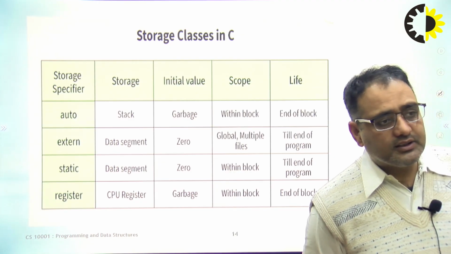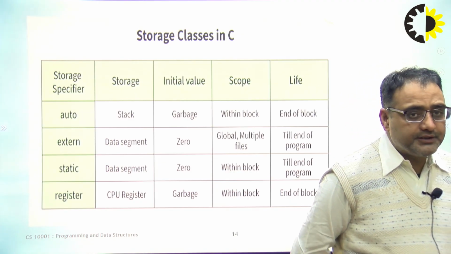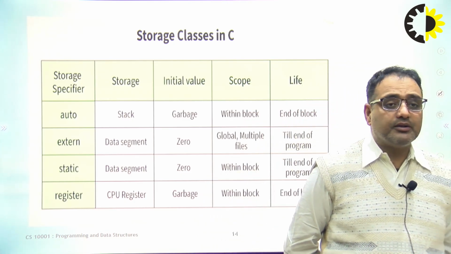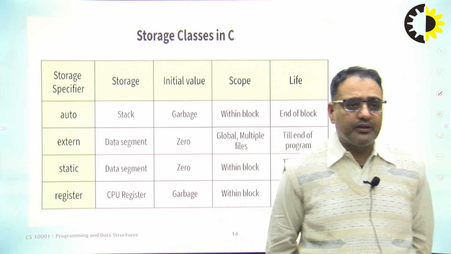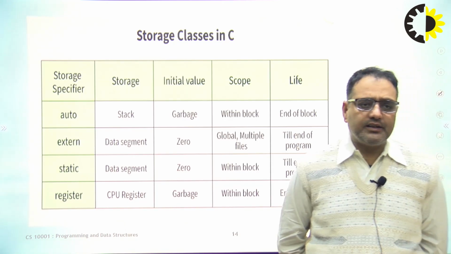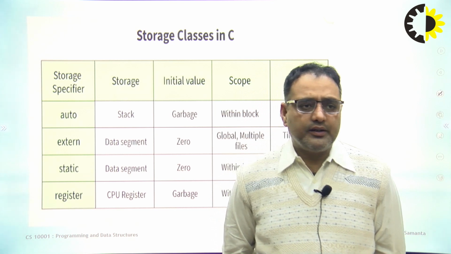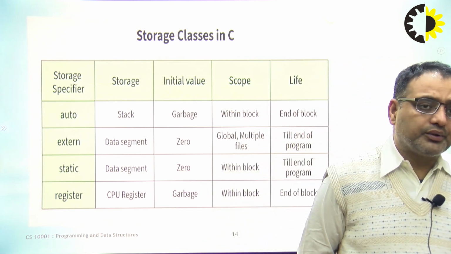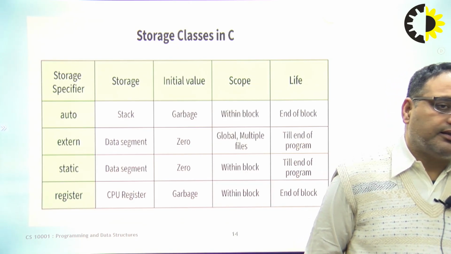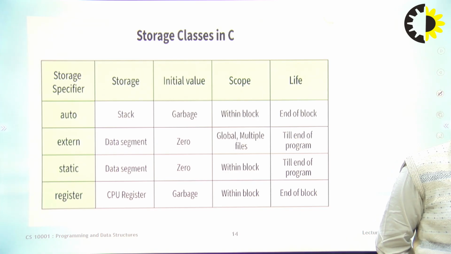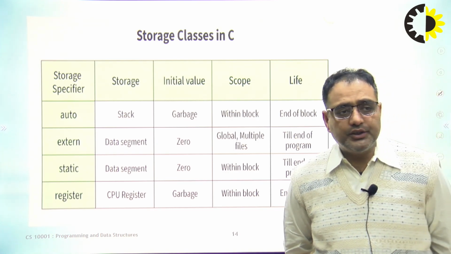Extern means it is a global variable. We cannot declare this particular variable within a function. It is global, and you can use this data in each and every instruction in a program. Storage is the external data segment. The default initial value is 0.